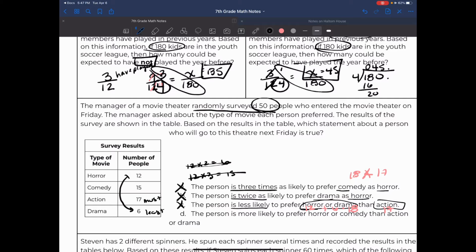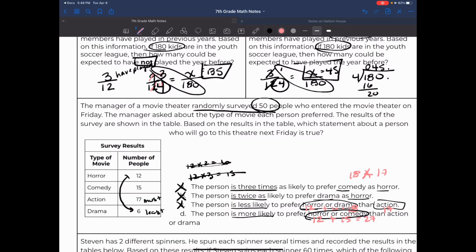All right, the person is more likely to prefer horror or comedy than action or drama. So I'm now going to put together horror and comedy. Horror is 12, comedy is 15. Simple mental math, 12 plus 15 is 27. You should have been thinking it.